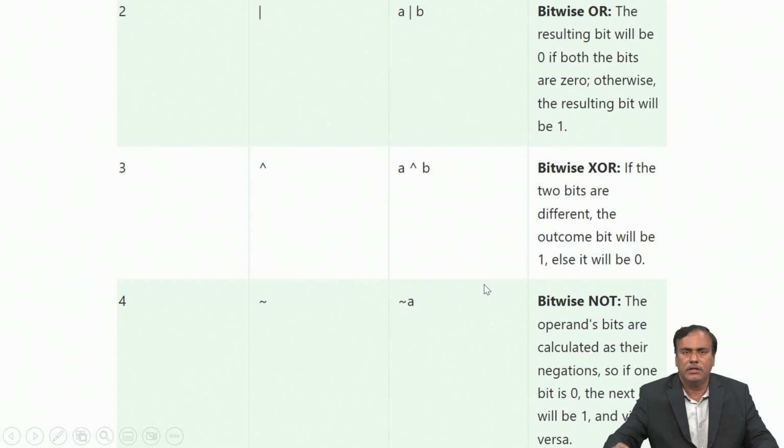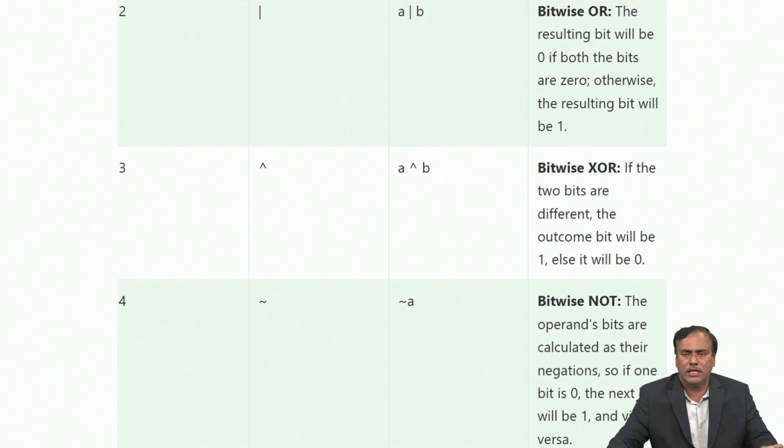In a similar fashion, we have bitwise OR. When both bits are 0, the result will be 0. In the remaining cases, it will be 1. That is a bitwise OR, and this is a bitwise XOR. When the 2 bits are different, the outcome bit will be 1, else it will be 0. When both bits are the same, the output will be 0.